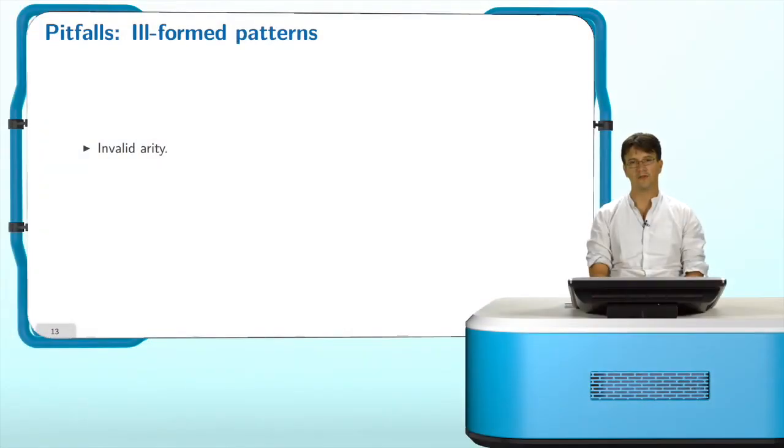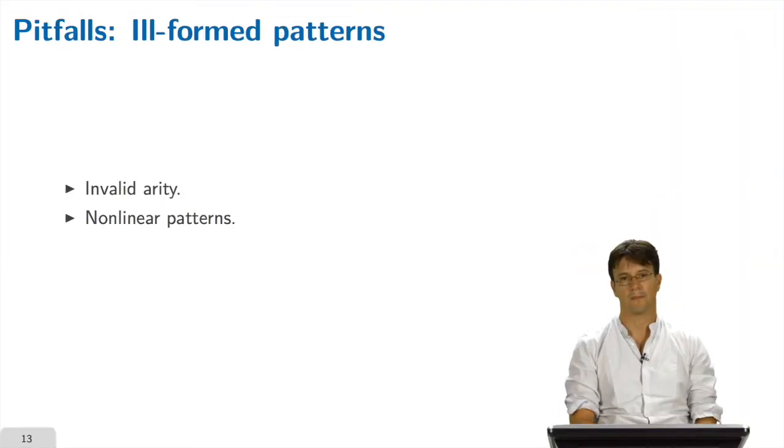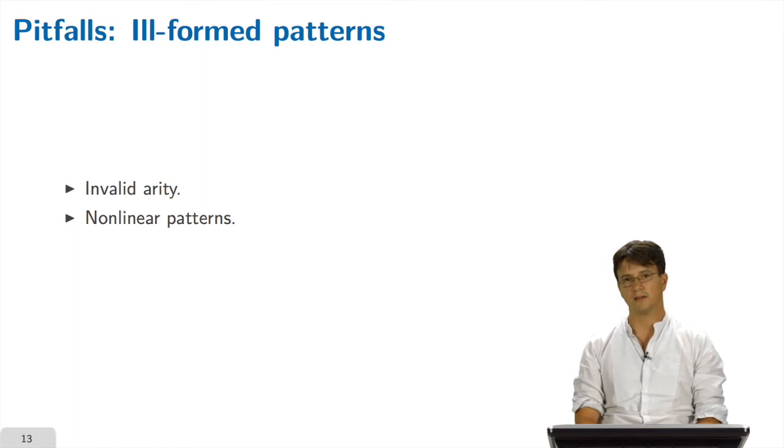Now, what kind of programming errors can you make when you write patterns? The first one is to use not enough or too many subpatterns with respect to the number of components of the tuples that you are analyzing. As already said, you can't use the same identifier several times in a pattern.